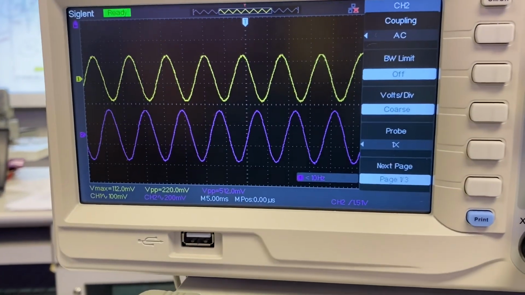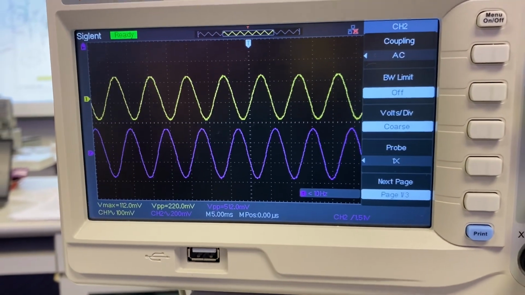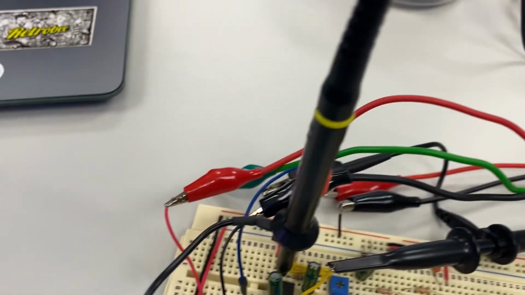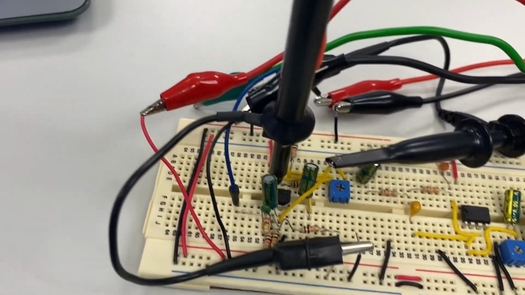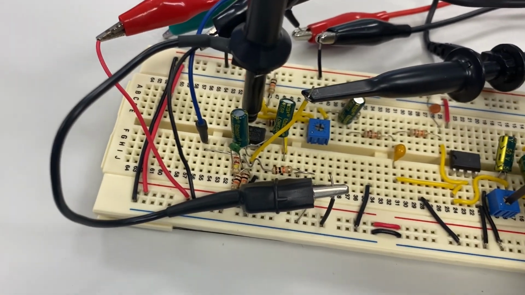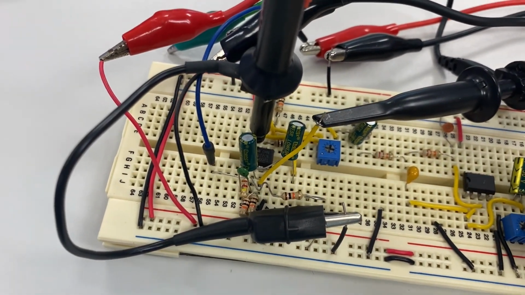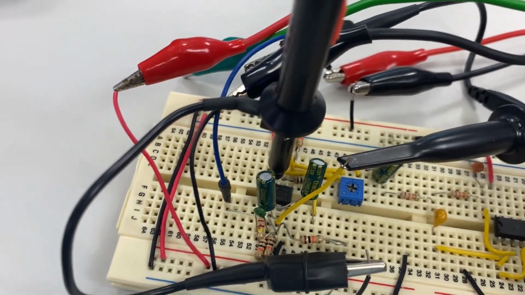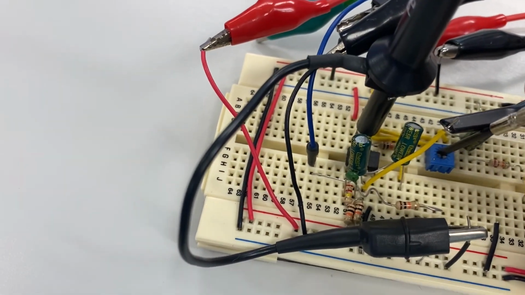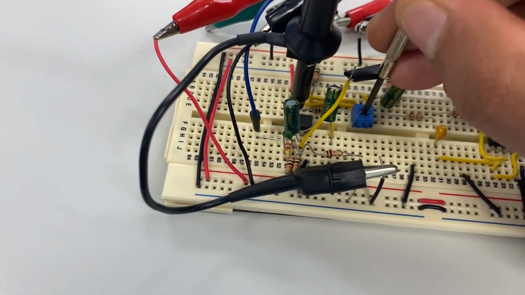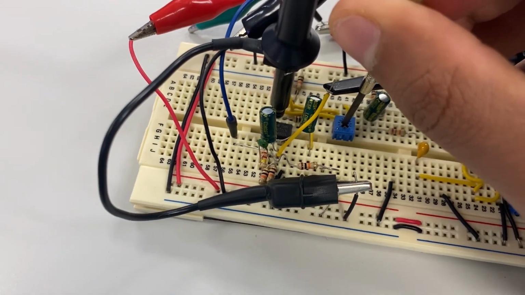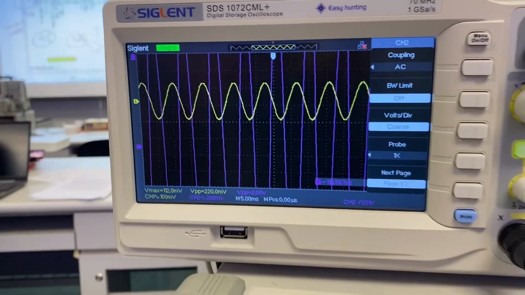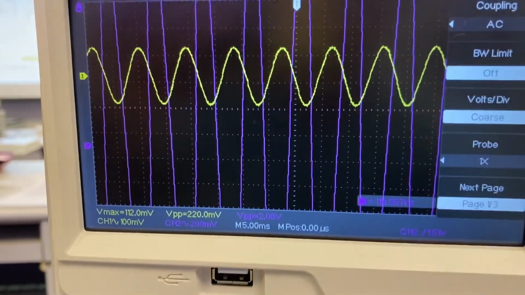Initially, it will give an output of 500 mV. After some adjustments to the trimmer, it should give us an output of 4 volts.